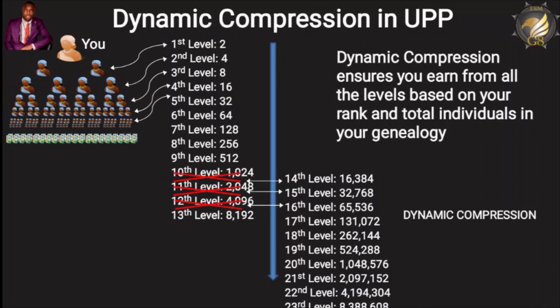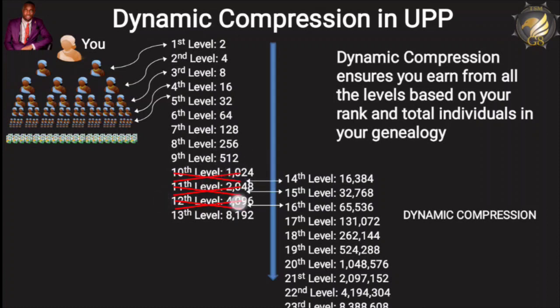If you count from level 1 up to level 20, it's supposed to end by here. But you get that it has added up to level 23. Why? Is because people here didn't do anything. So the system removes those who did nothing, it puts them aside, and then it goes deep, it brings those who did something, and then it brings them up. What this means is that you're going to unlock more income, because you see here, people in level 10, they were supposed to be 1,024 people.